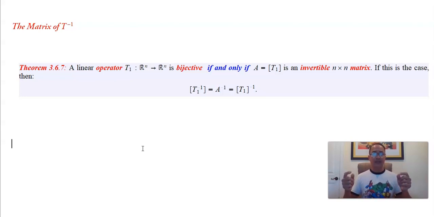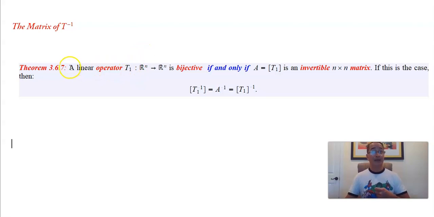But we said this means that there is a matrix inverse, B, so that A times B or B times A give you the identity matrix. So how could this matrix B be related to the inverse operator? Well, of course, it has to be the matrix of the inverse operator.